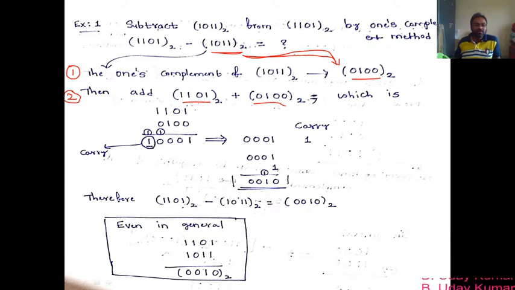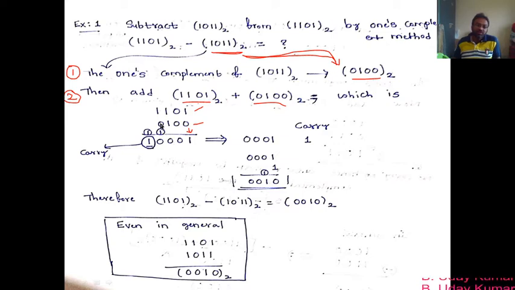So 1101 is written over here, and right below it we have written 0100. You know that 1 plus 0 is 1. 1 plus 0 is 1, and 0 plus 0 is 0, and 1 plus 1 is 10. So 1 becomes carry, which moves to the higher order column, and hence I have written 1 here and 0 here.